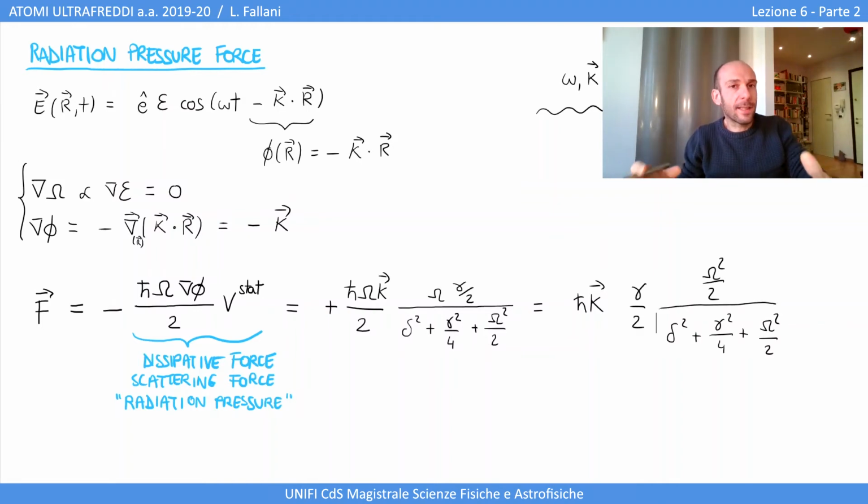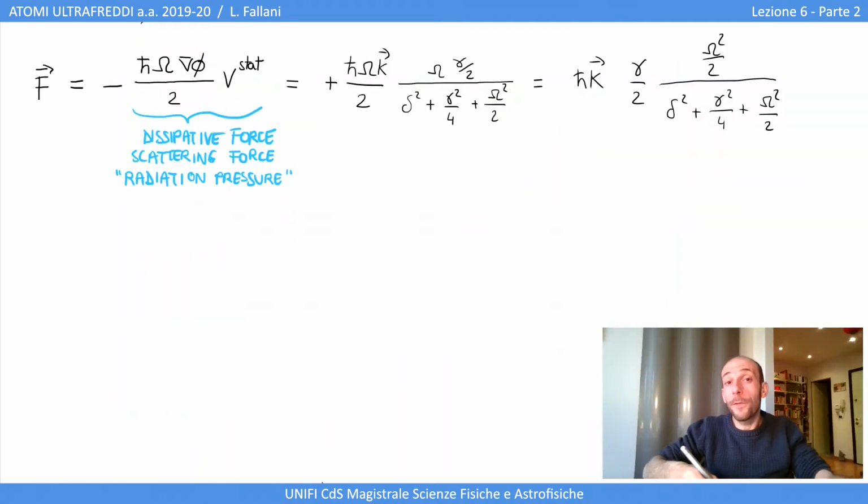And before looking at some properties of this expression, let me give you an alternative derivation of this formula based on a different point of view. So instead of starting from the general expression for the full radiative force, let us consider what happens on a more physical ground.